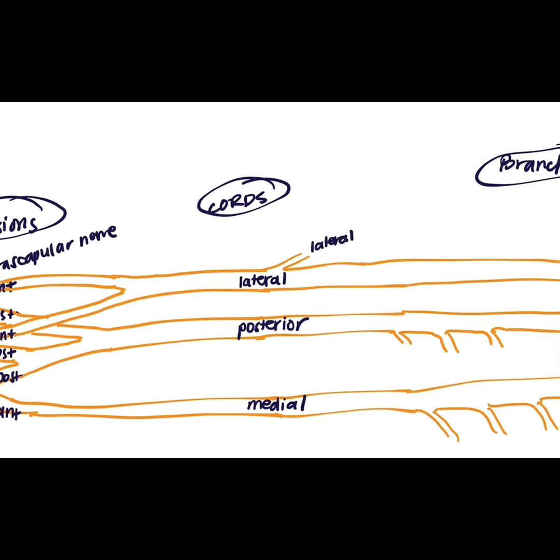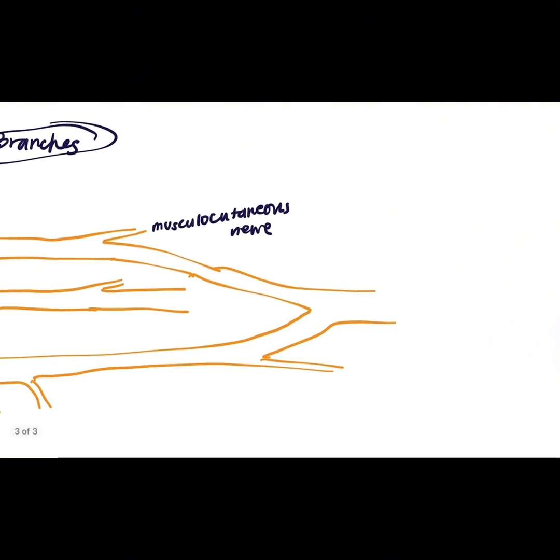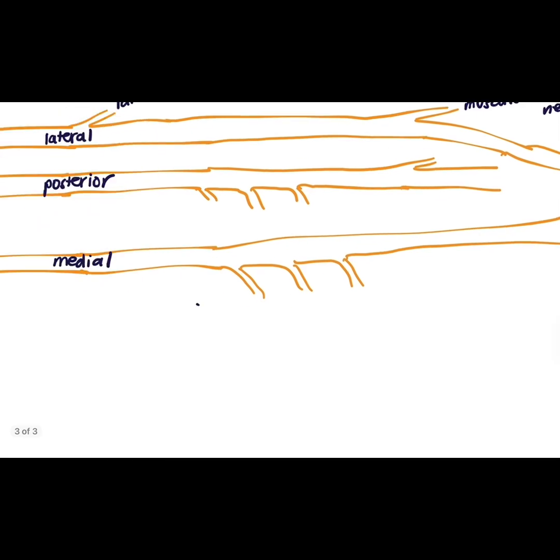And then on the lateral cord, there will be a branch. That is the lateral pectoral nerve that will supply the pectoral portion, a muscle. And then we have the musculocutaneous nerve, which is already found on the upper arm and will supply very important muscles. And then we have the median nerve, which is more distal already. It supplies more of the arm and also the ulnar nerve.